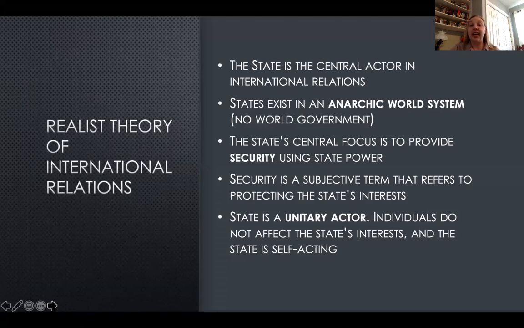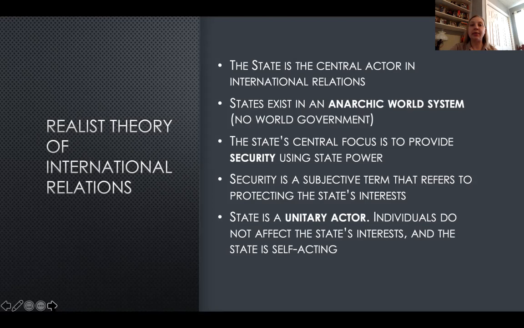So realist theory of international relations is the theory upon which Dr. Greg Weeks has based your textbook. And so we're going to take just a minute and I'm going to make sure that you understand what realist theory means and what some of the strengths and weaknesses of this theory are.